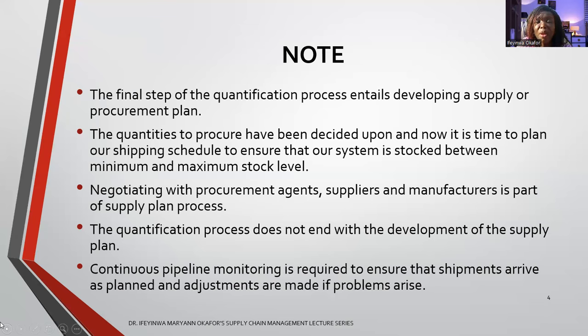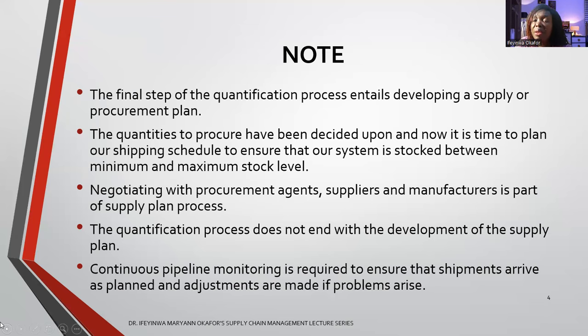Also, during supply planning, negotiating with procurement agents, suppliers, and manufacturers is part of the supply planning process. And also, the quantification process does not end with the development of the supply plan. There is also continuous pipeline monitoring.